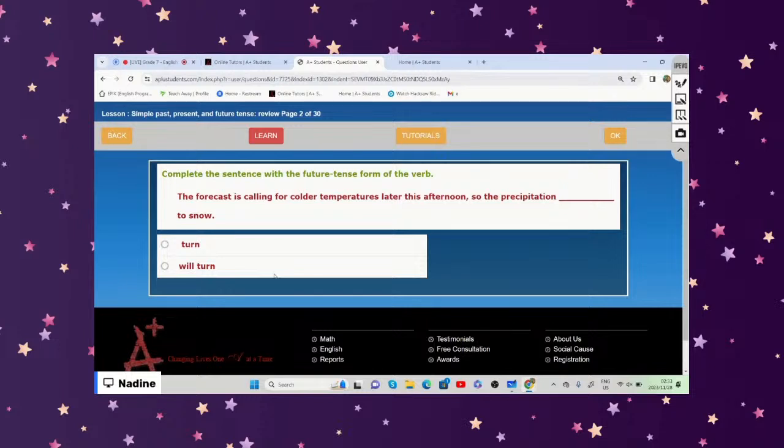So the precipitation, do we say turn to snow or will turn to snow? This is now in the future tense.